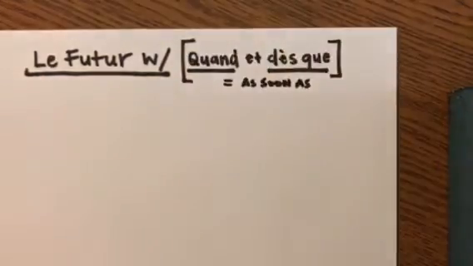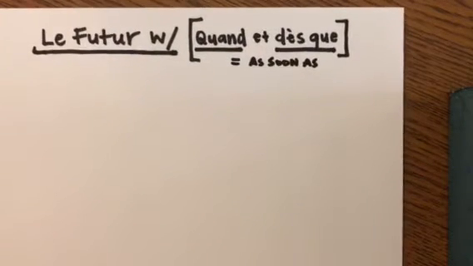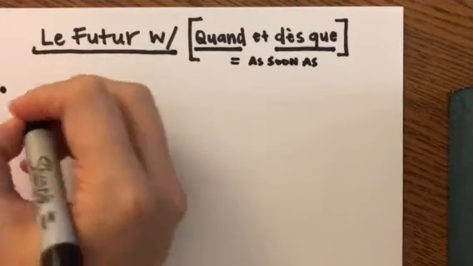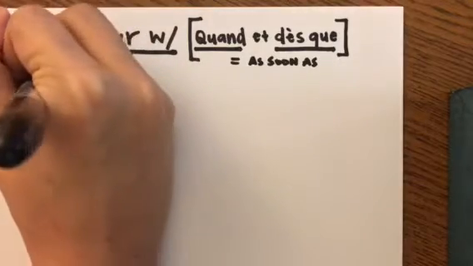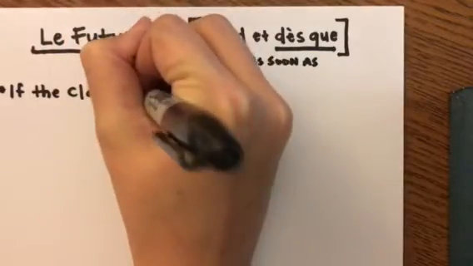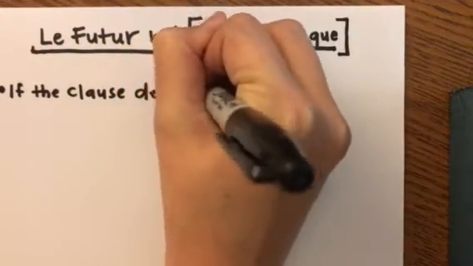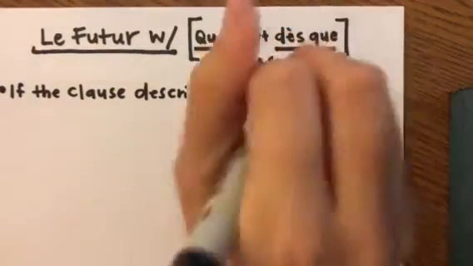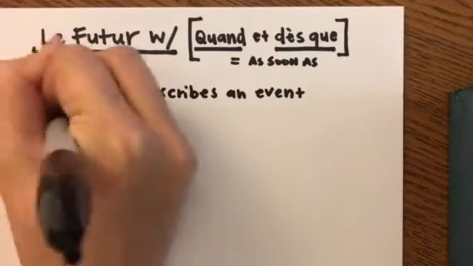My marker's kind of chunky, sorry. Okay, so if the clause describes an event that will happen in the future, we're going to use quand or dès que. Okay, so let me write that for you, and then we'll go into some examples. So we said if the clause describes an event that will happen in the future.